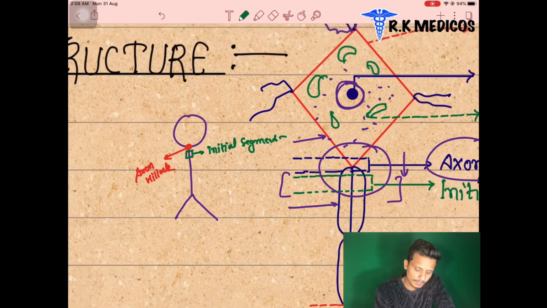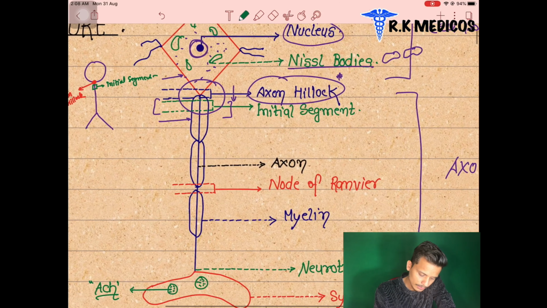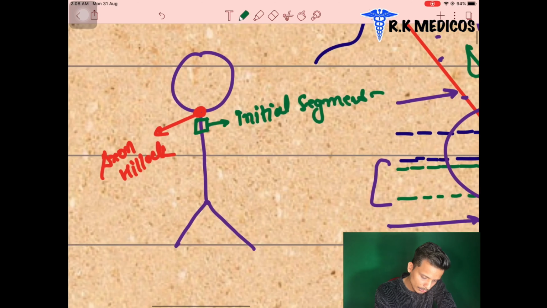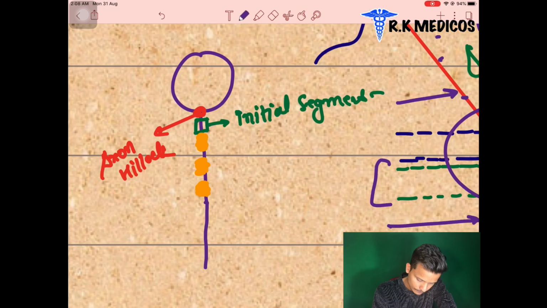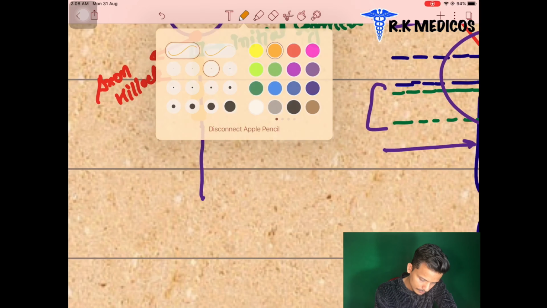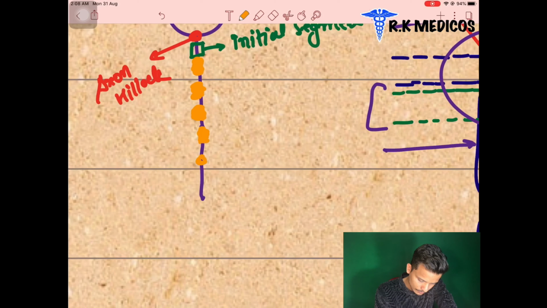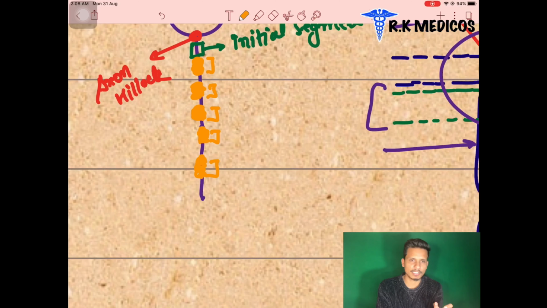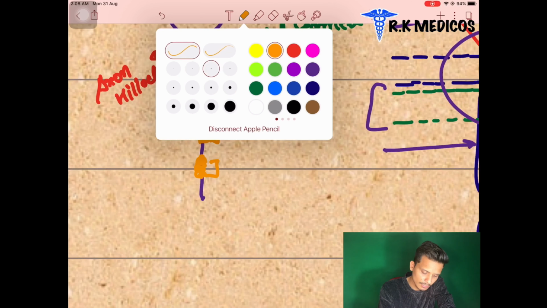So this is important. Now next we can see there is the node of Ranvier. Suppose here is the neuron, this is the myelinated part, this is the myelinated part, this is the myelinated part. Now look at it. You can see this myelination is done in specific segments, and in between them there is a gap, and this gap is represented here.